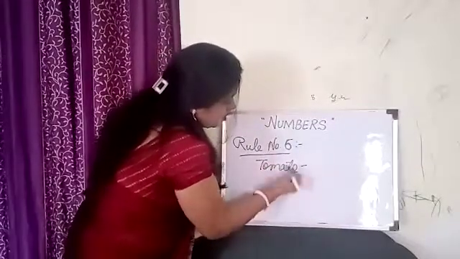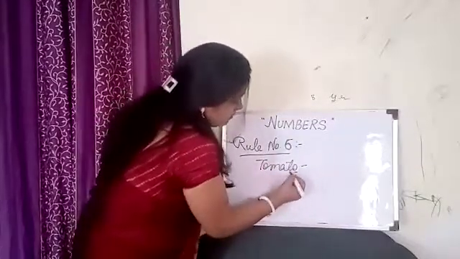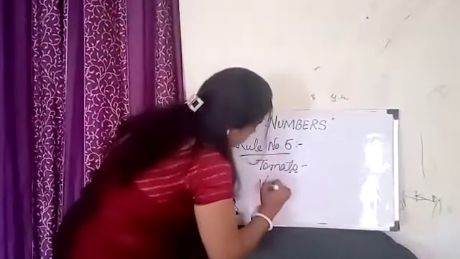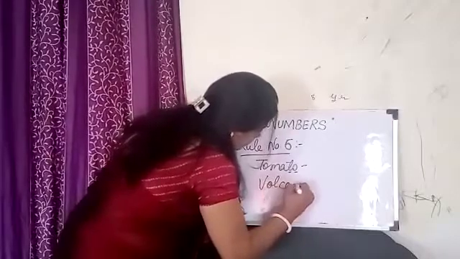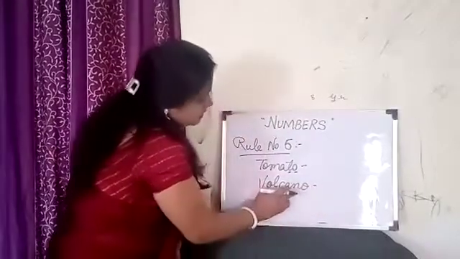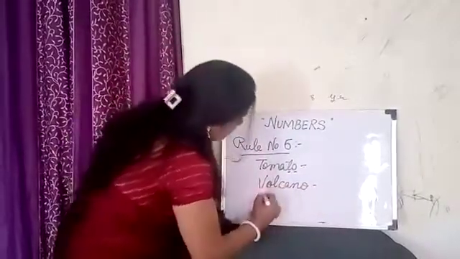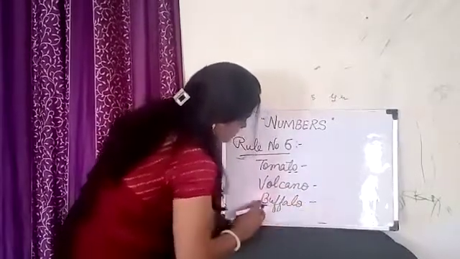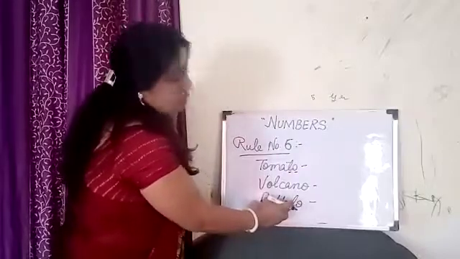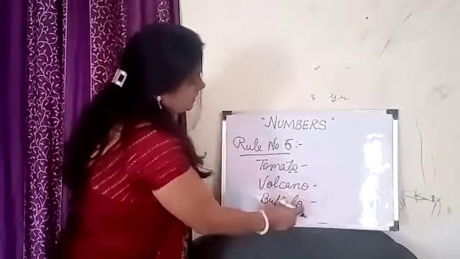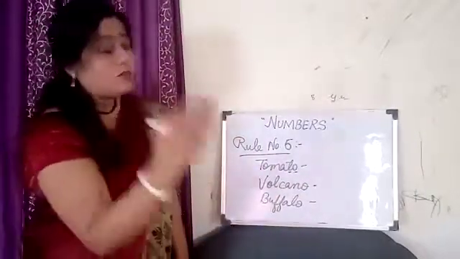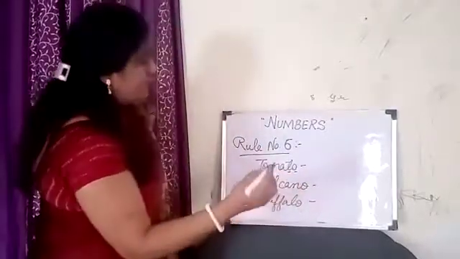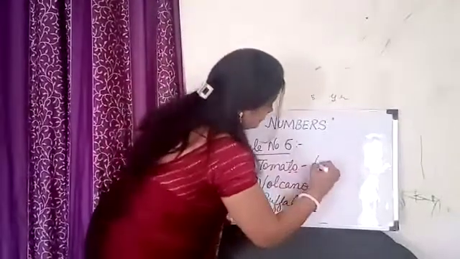Here is o at the end of the word tomato, preceded by t. Volcano, o, then we have n before it. Buffalo, o, but we have l before it. So t, n, l are the consonants just before the o. So what we have to do is add es.